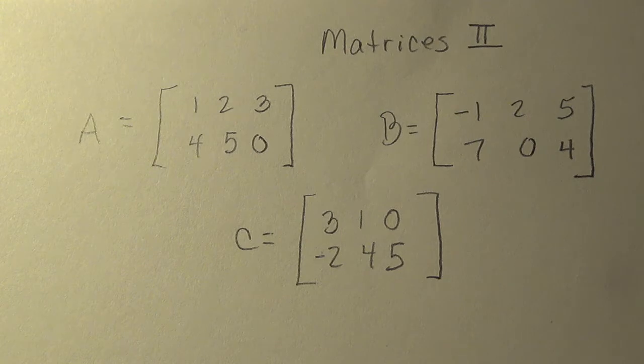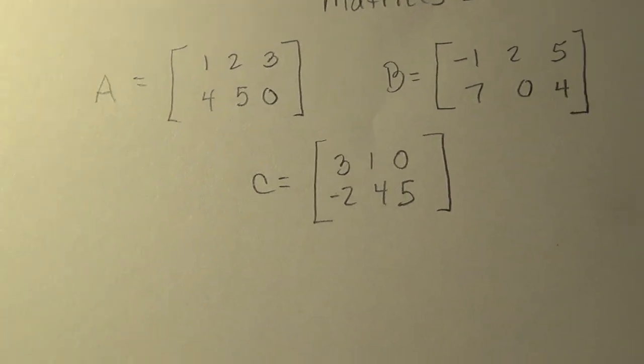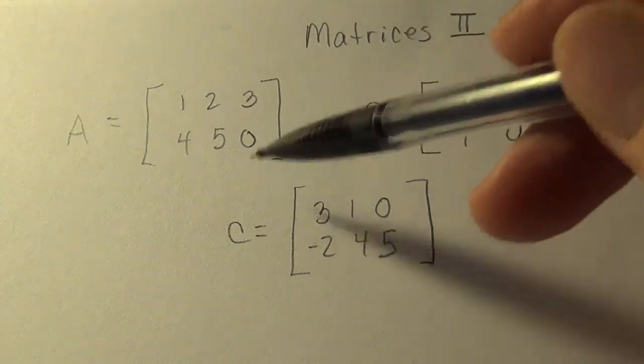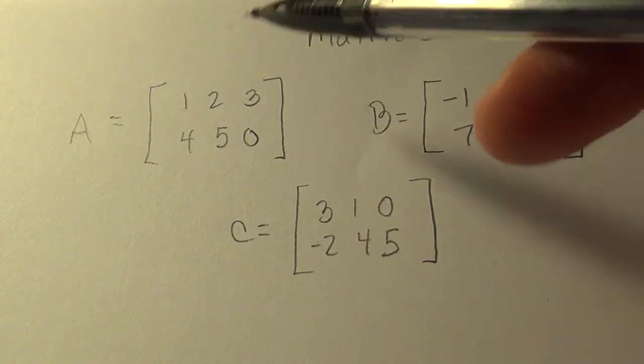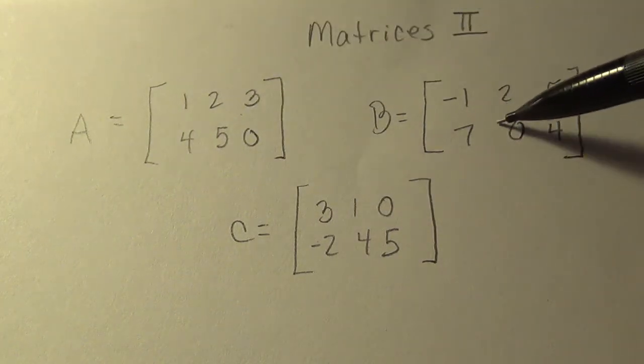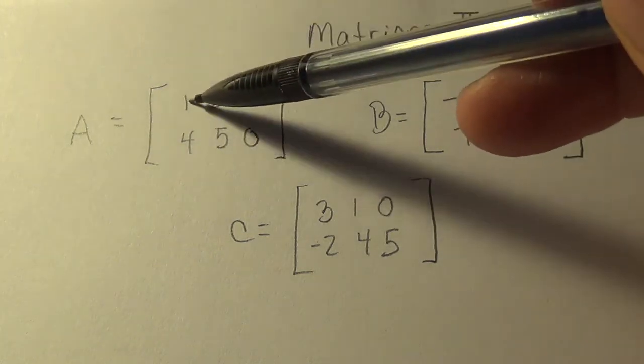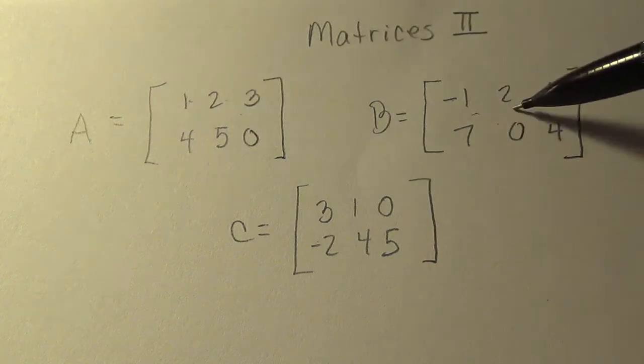And I wanted to talk about some basics about matrices that you've heard before. One of them is that you can add matrices if they are of the same size. So we could add A to B, because this is a 2 by 3 and this is a 2 by 3, by adding their corresponding values.